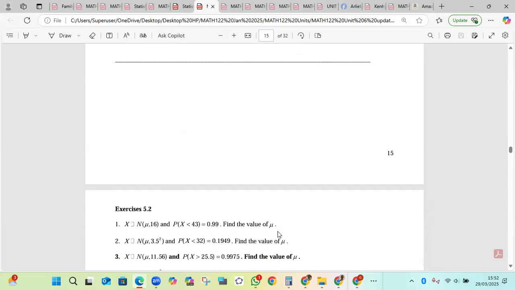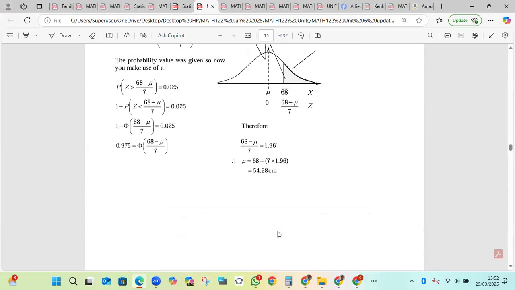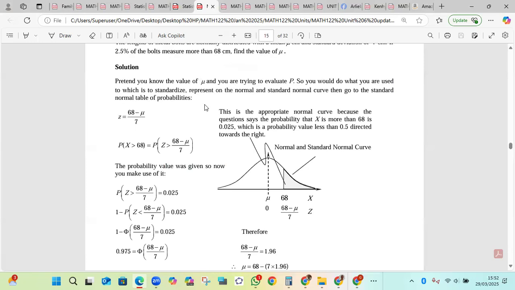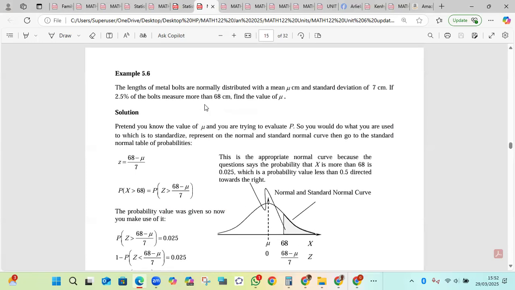Let's see how this one was done. It says the lengths of metal bolts are normally distributed with mean mu and a standard deviation of 7 centimeters. If 2.5% of the bolts measure more than 68 centimeters, find the value of mu.